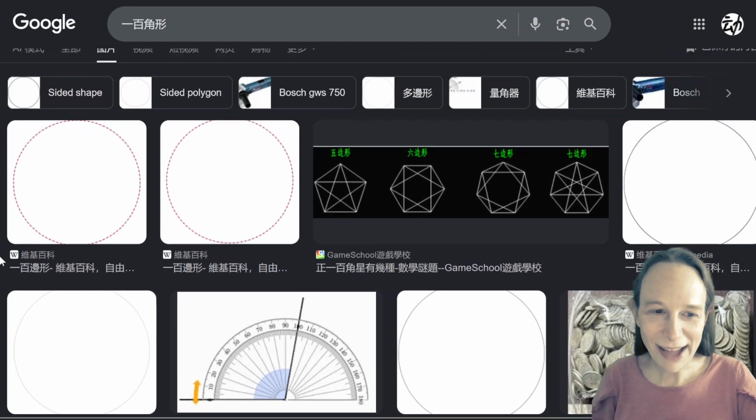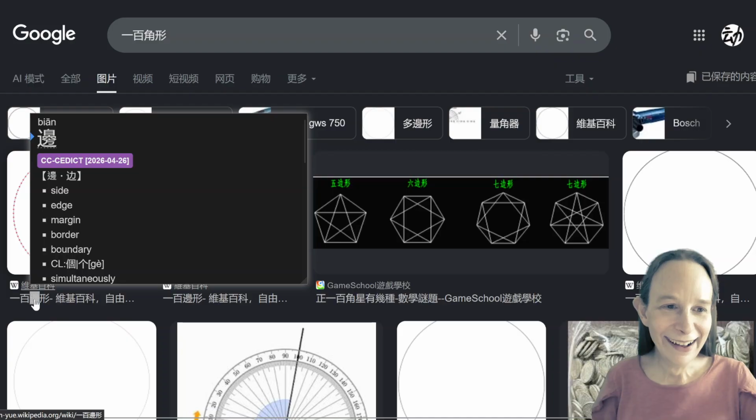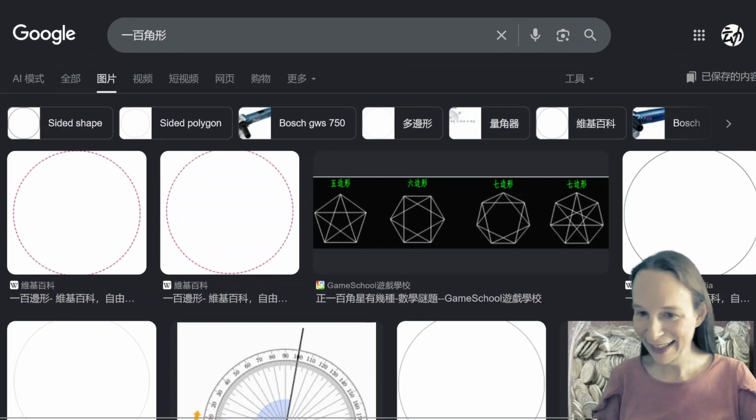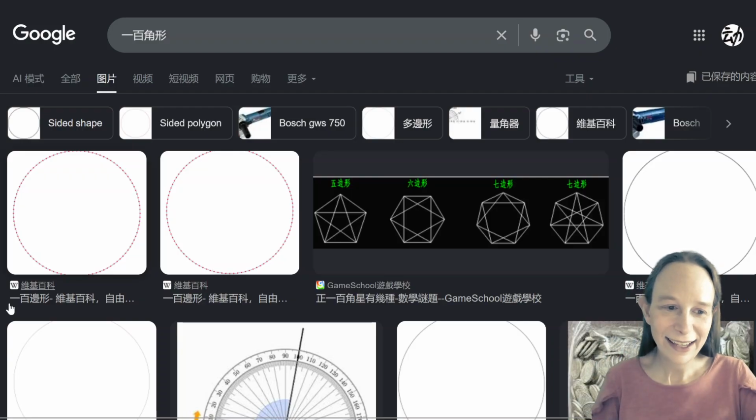Oh, here we go. 一百角形. What's a 一百角形 in English? I don't know. 一百边形. You can also use edge, because a triangle not only has 3 corners, it has 3 edges.